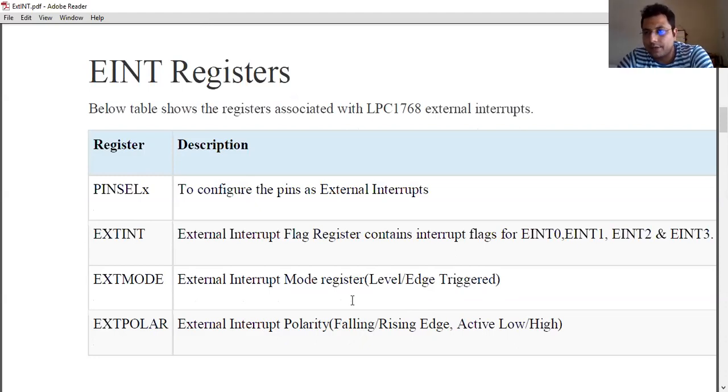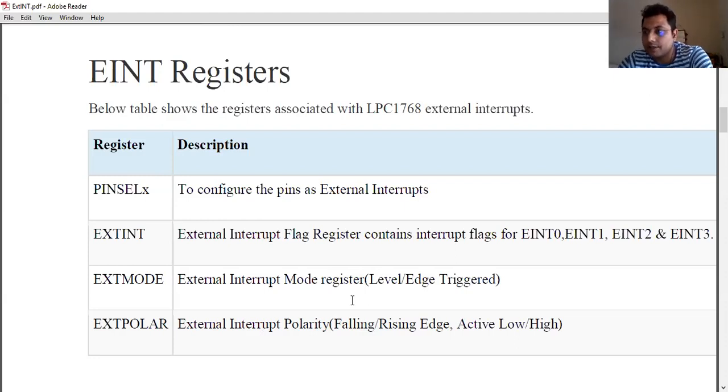So if any one of these is 1, that means it has been acknowledged, and if the corresponding pin is configured as an external interrupt pin, then the ISR, interrupt service routine, would take charge once we have acknowledged the interrupt.